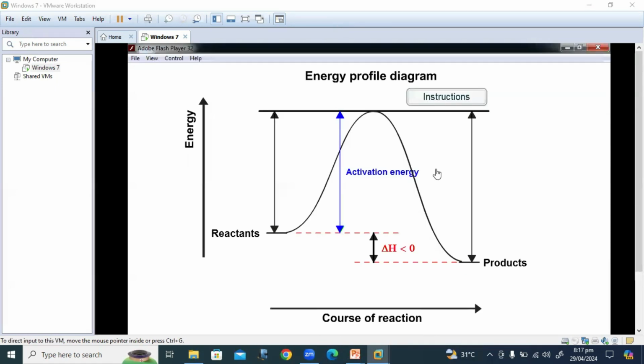Now the next animation is about the energy profile diagram. We can change the energy. I'm going to change the energy of the reactant or product, so let's see what the effect will be on delta H and activation energy.